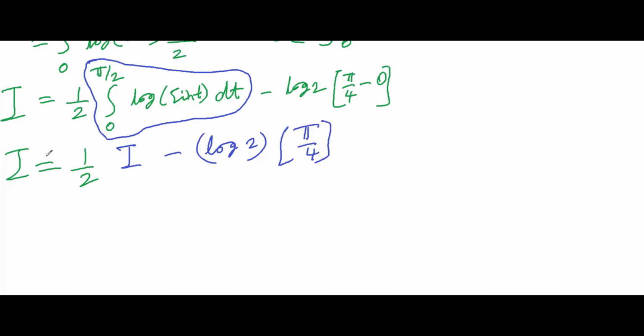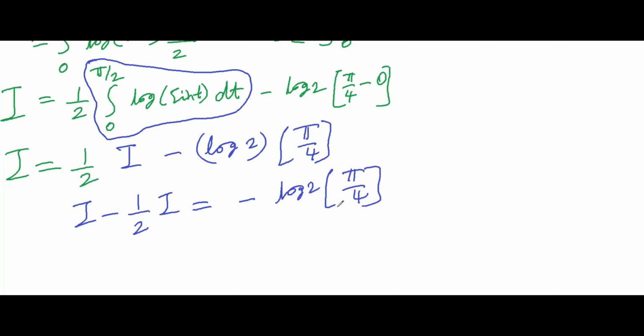Now this I am going to transpose here. I will get I minus 1 by 2 I, that is equal to minus log of 2 and this will be pi by 4. Okay, now 1 minus 1 by 2 is what?